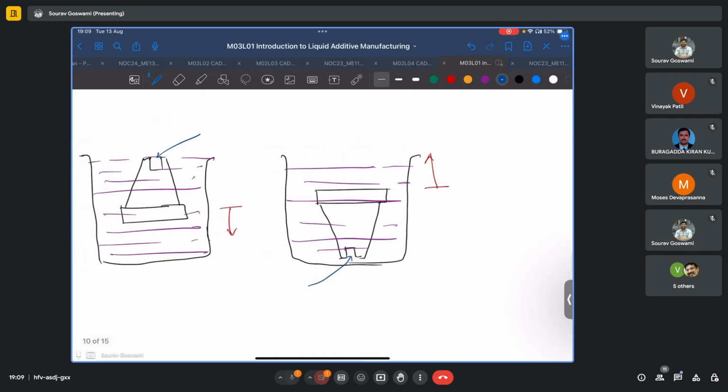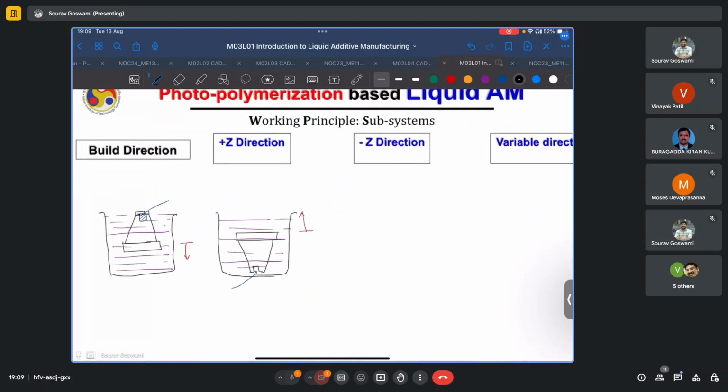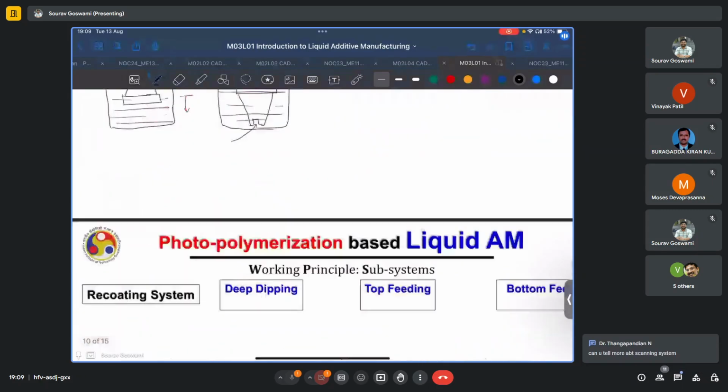Whereas for the case where we are building along the positive Z direction, there is a chance that the liquid photopolymer might get entrapped in this region here. And any successive curing of another layer on top of this may lead to it getting trapped. Again, a second thing which we can see here is that, maybe we'll discuss it in the subsystem of recoating.